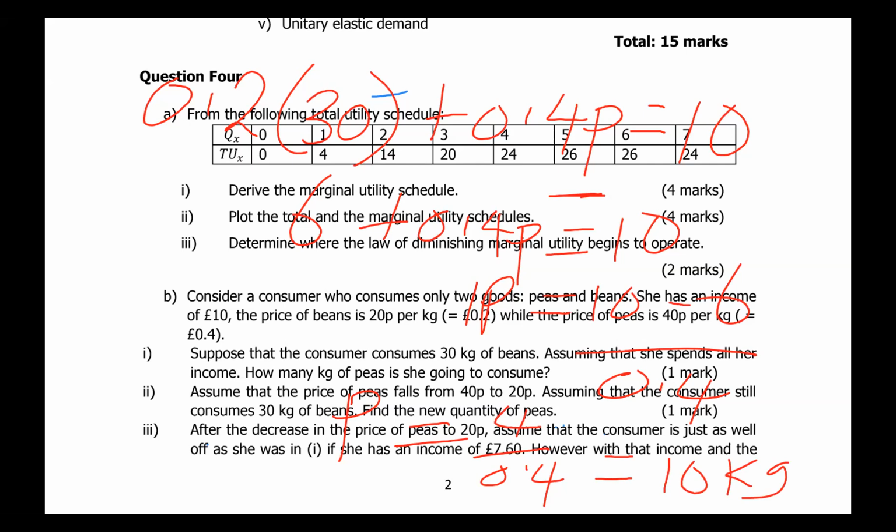Excuse me, sir. Yes, madam. So when making the assumption, is it the price or the quantity of the beans? Can you pick any random number? No, you can't pick any number.